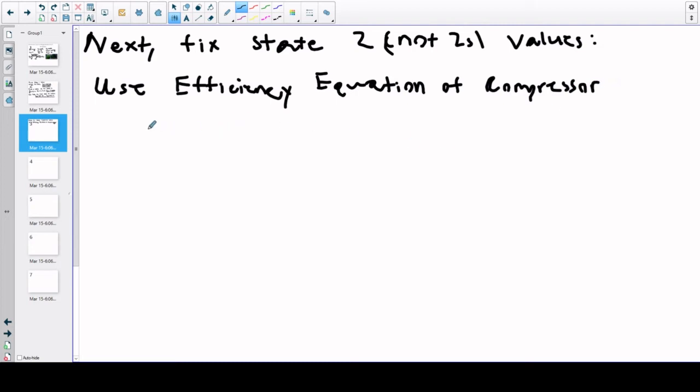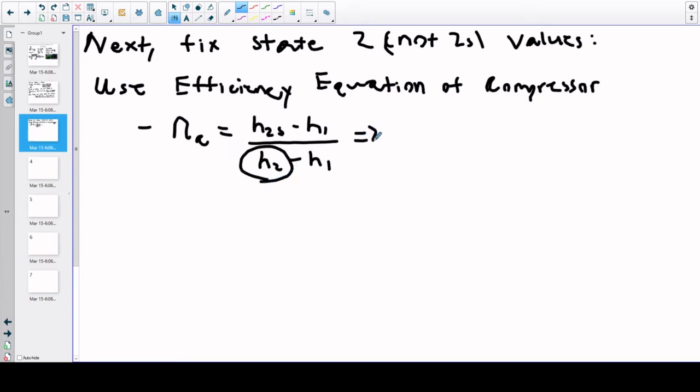What we're doing is trying to find H2. Just like we've done in previous cycles, we're trying to solve for something at the second state, the non-ideal case. So solving for H2.